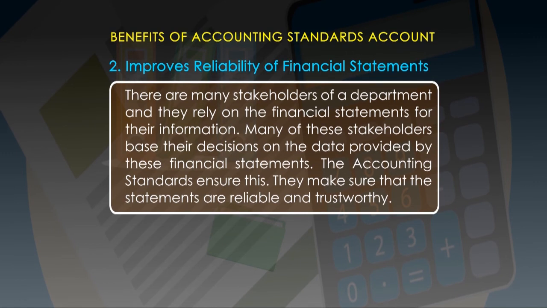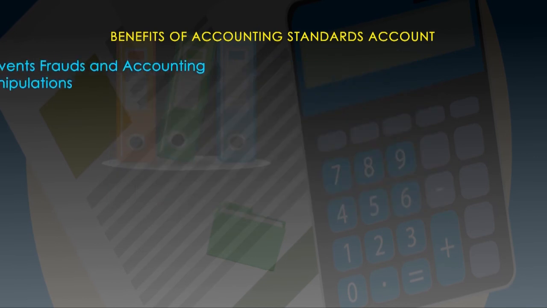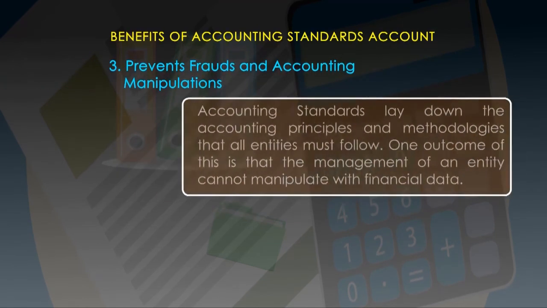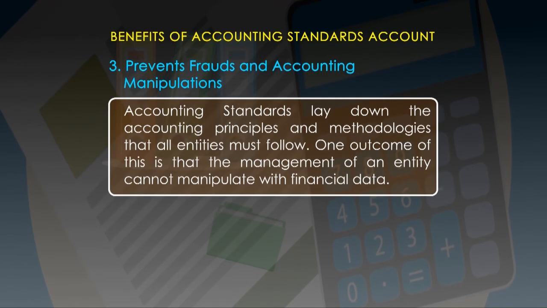They make sure that the statements are reliable and trustworthy. Number three, prevents frauds and accounting manipulations. Accounting standards lay down the accounting principles and methodologies that all entities must follow. One outcome of this is that the management of an entity cannot manipulate financial data.